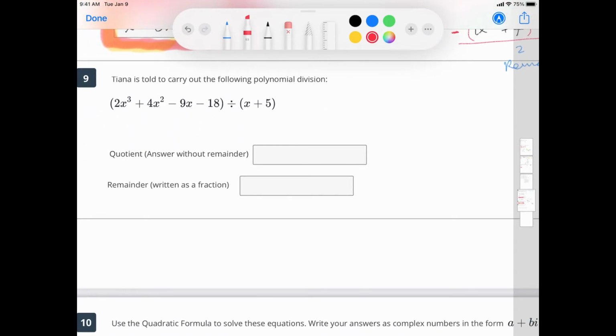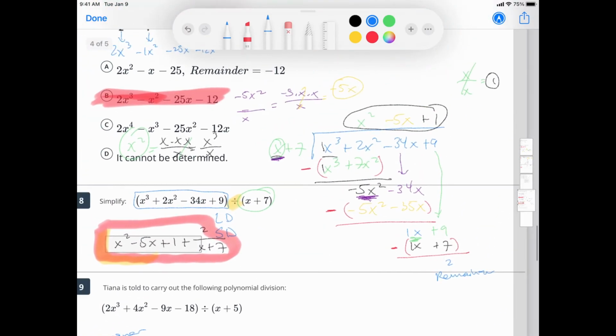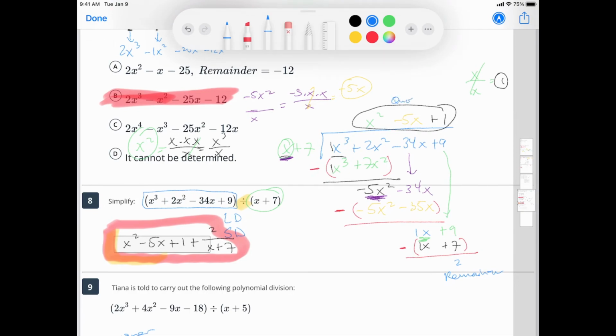Okay. Tiana is told to carry out the following polynomial division. It says the quotient, so this one is the answer. Let's just identify that last problem. This up here is the quotient.